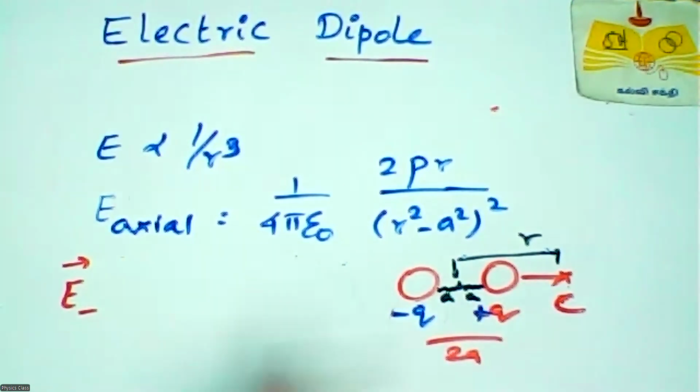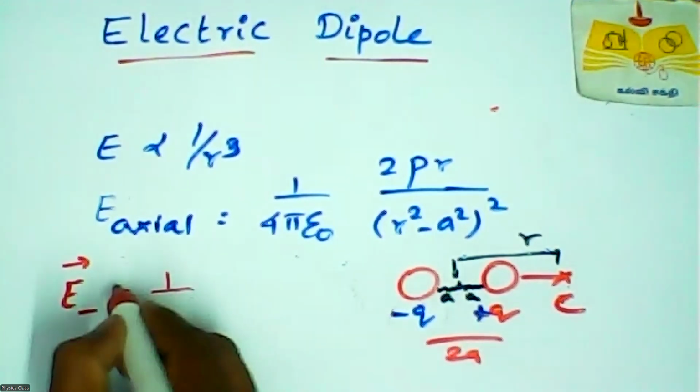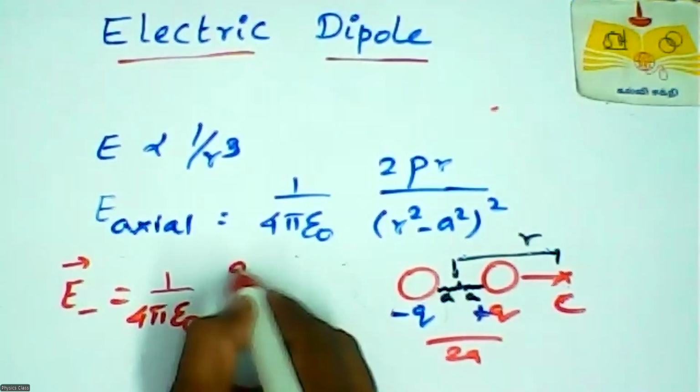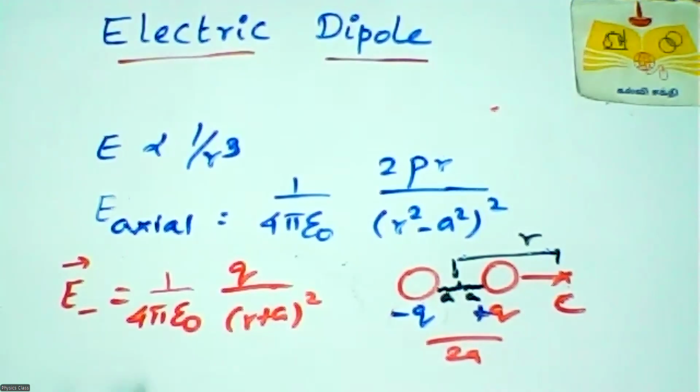So now you can see the distance between this point to this point is A plus R. So E minus is 1 by 4 pi epsilon naught Q by (R plus A) the whole square. And you can put that vector symbol, that is P cap later. Okay. So this is the electric field due to point minus Q at C.